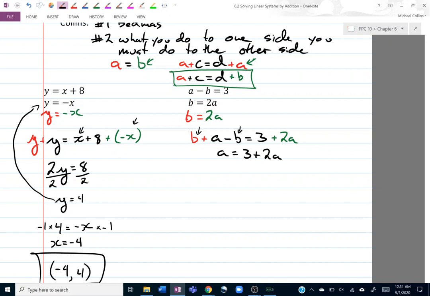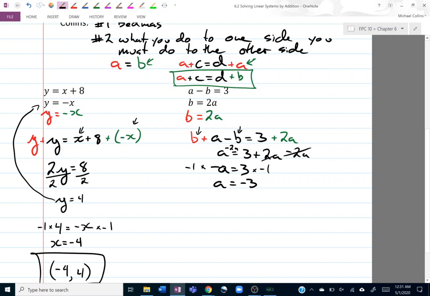I want to try and bring them together and get them on one side together. So I'm going to subtract 2a from both sides. On my right-hand side, a positive 2a and a negative 2a is 0. A minus 2a is a negative a. That's going to be equal to 3. Multiply both sides by negative 1 to get a positive a is equal to negative 3.